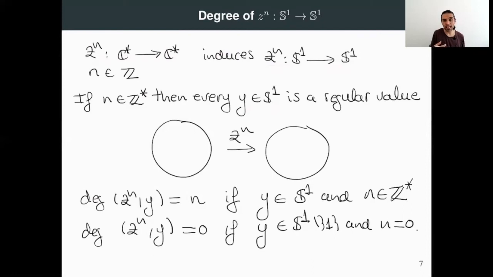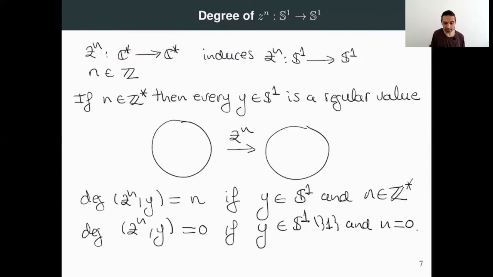So when n is different from 0, the derivative is different from 0 at every point, so every point is regular and every value is regular. When n is positive, the derivative is positive. When n is negative, the derivative is negative.